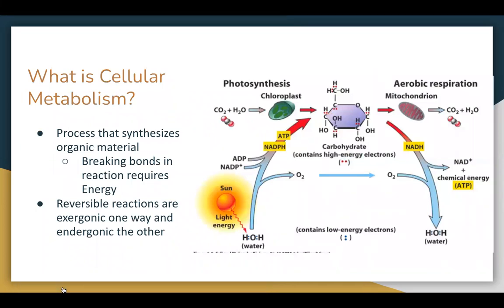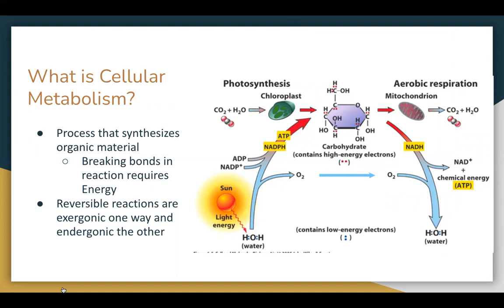What is cellular metabolism? It's a process that synthesizes organic material. For photosynthesis, for example, that material would be water and carbon dioxide, and it's going to synthesize that into oxygen and sugar. And it does this by breaking the bonds in the reactants. If you remember, that requires energy, so that's where free energy first comes into the metabolic process.